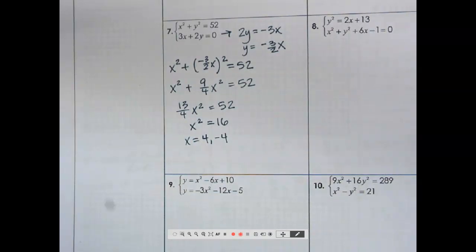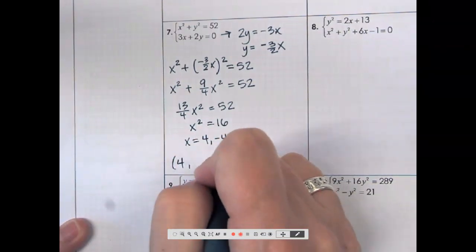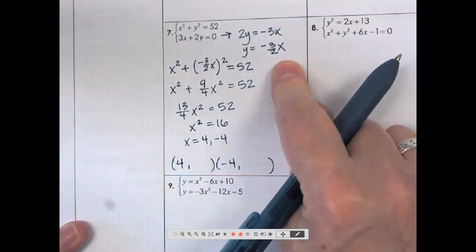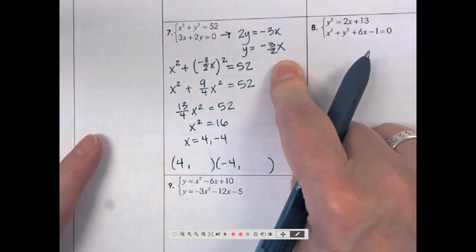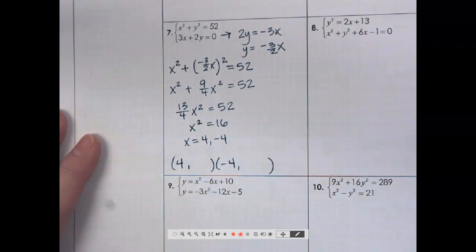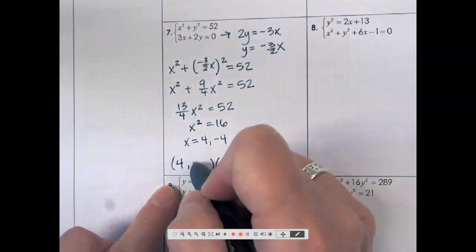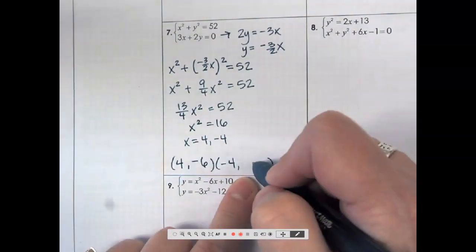Where am I going to find the y's that go with them? Plug them in. Here's a really easy place right here to plug them in. So negative 3 halves times 4 is negative 6 when I plug in 4, and negative 3 halves times negative 4 is positive 6 here.